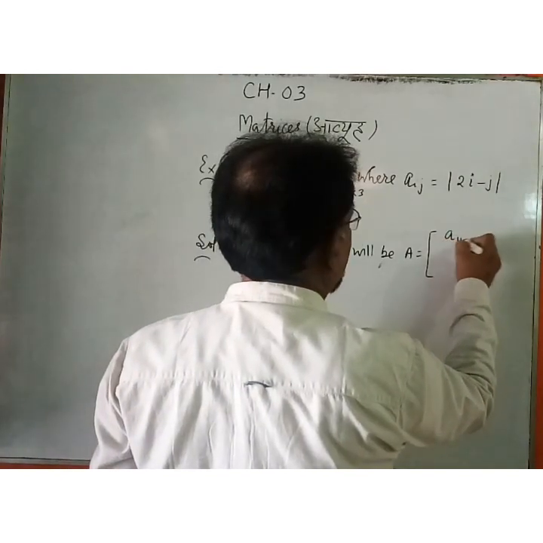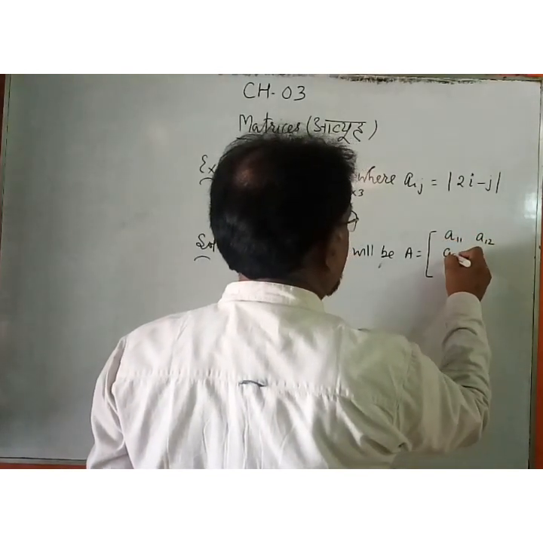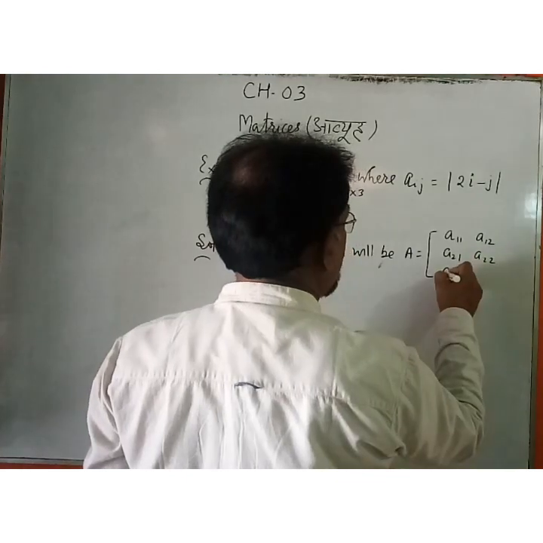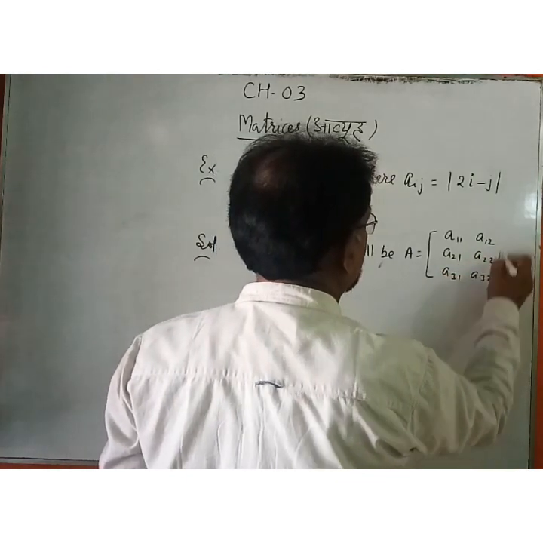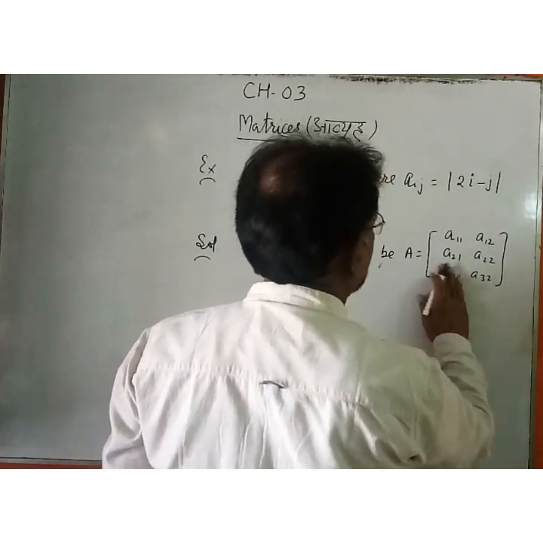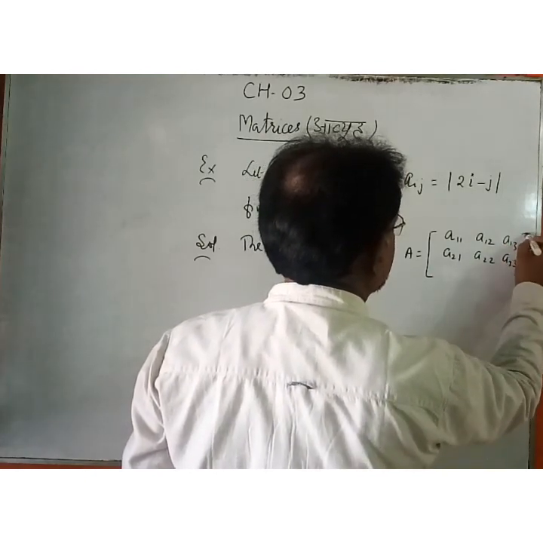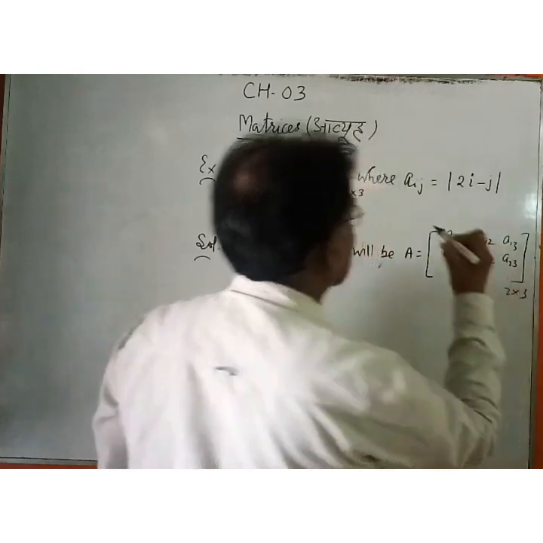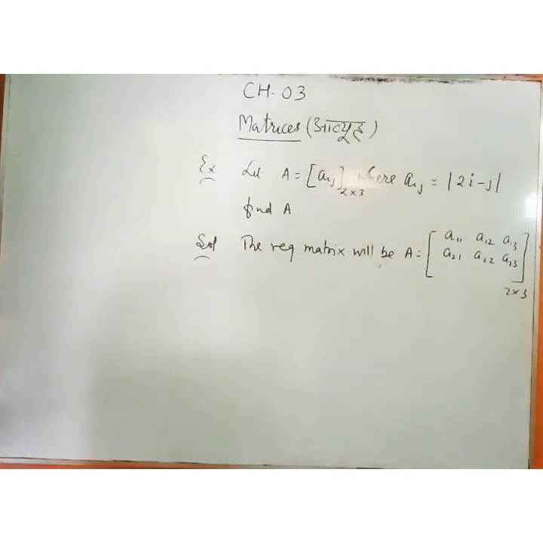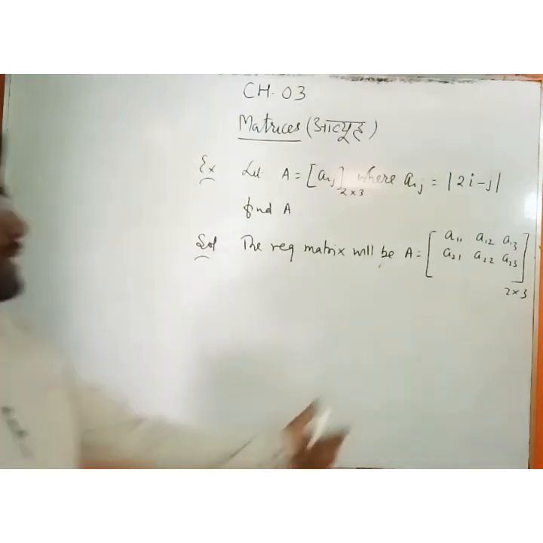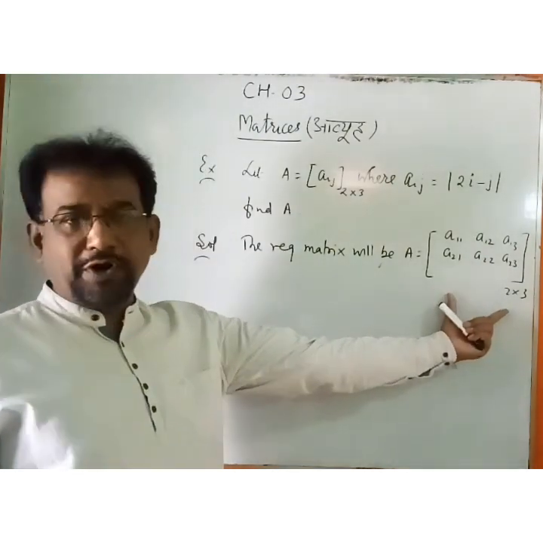So A11, A12, A13, A21, A22, A23. This will be the matrix of order 2 by 3.